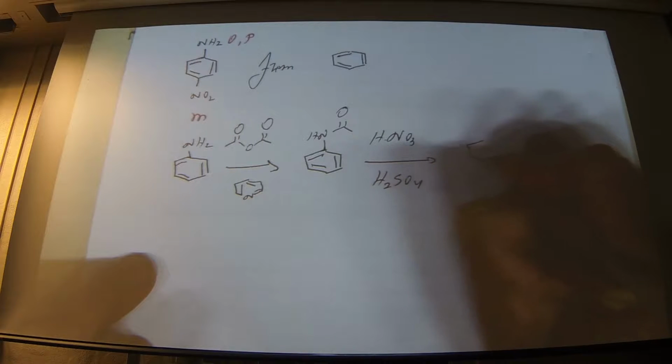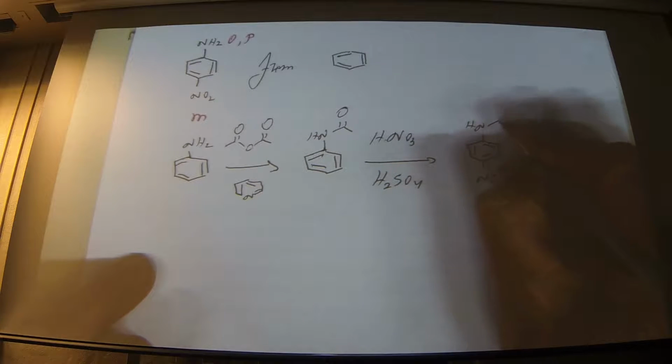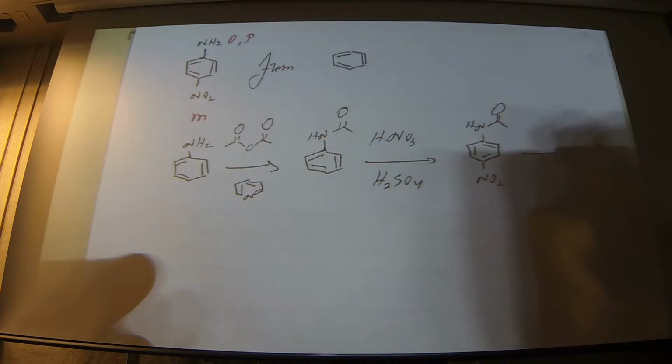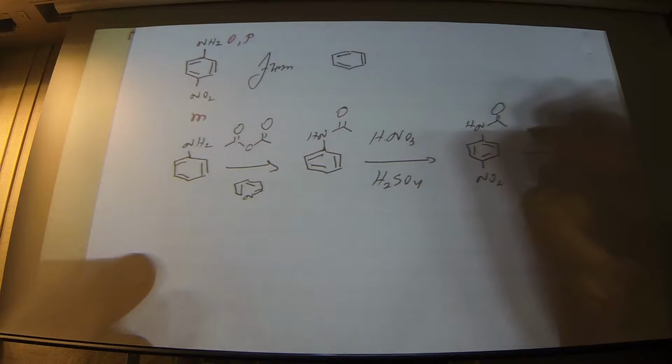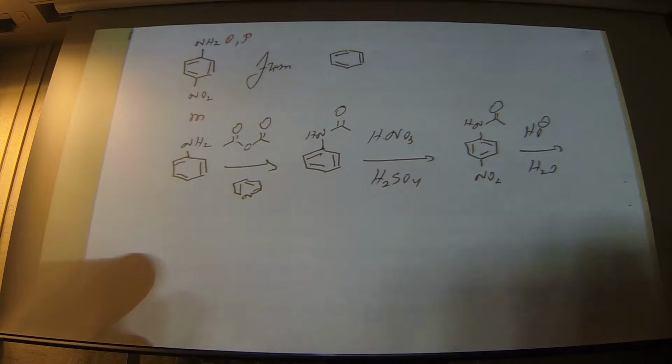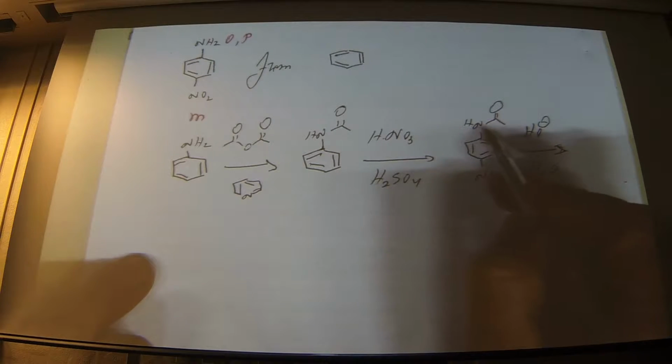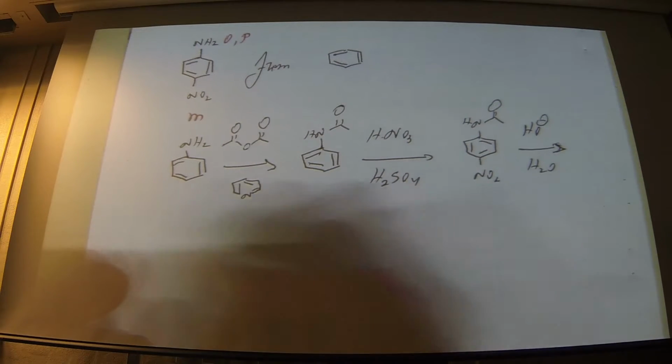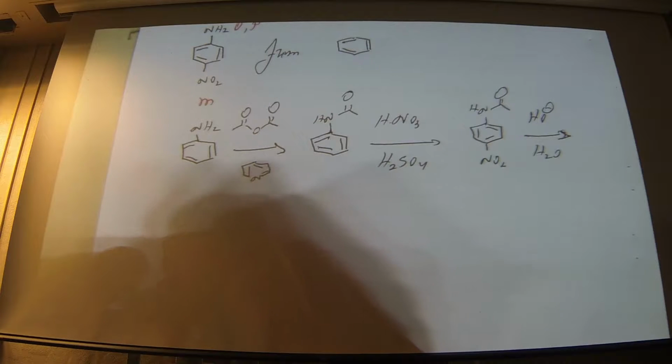You get the para-nitroacetanilide, and then how do you go back to aniline from here? How do you remove that? You do that with aqueous base and heat. This is just an amide, so you're doing an amide hydrolysis, and that gets you directly to the desired compound.